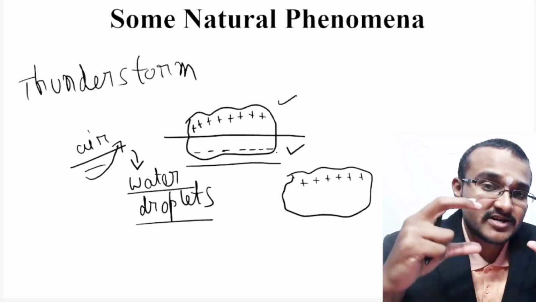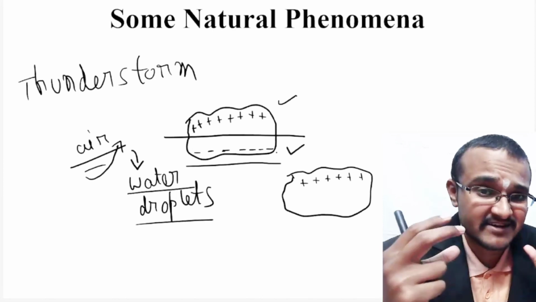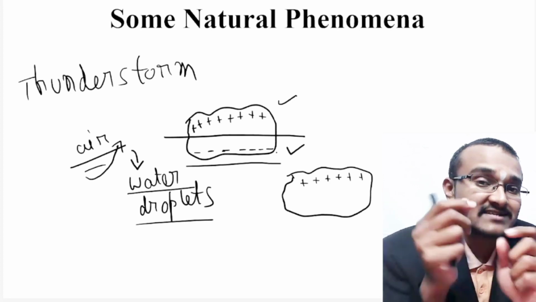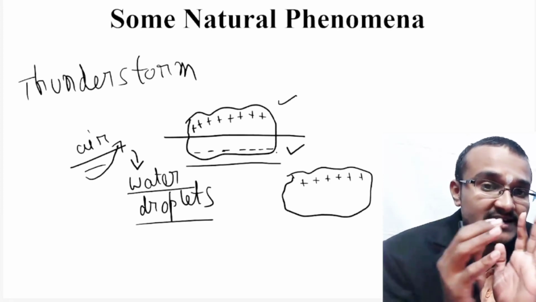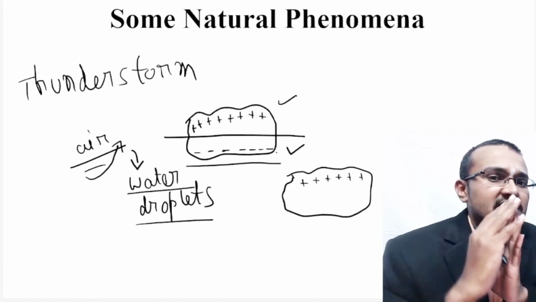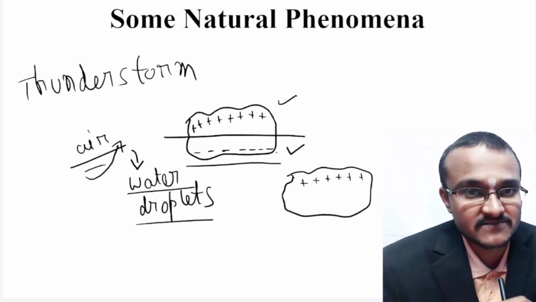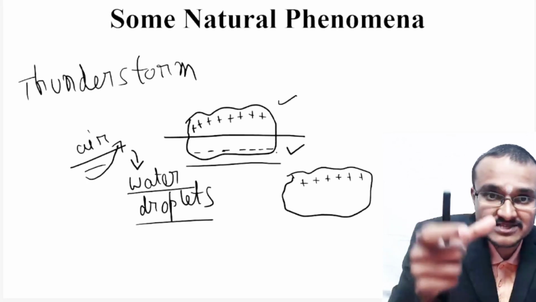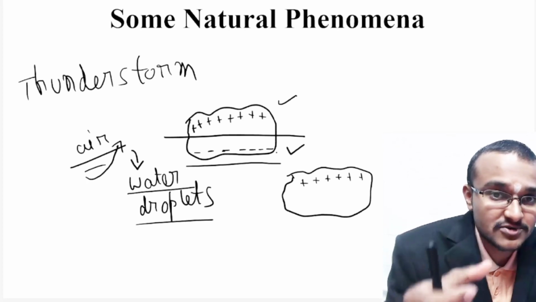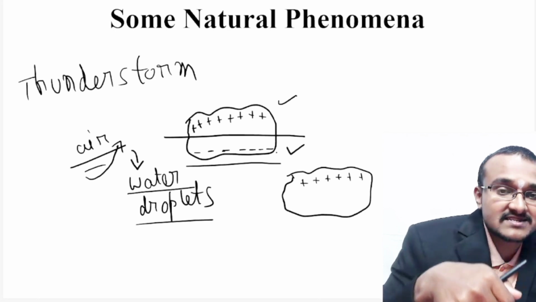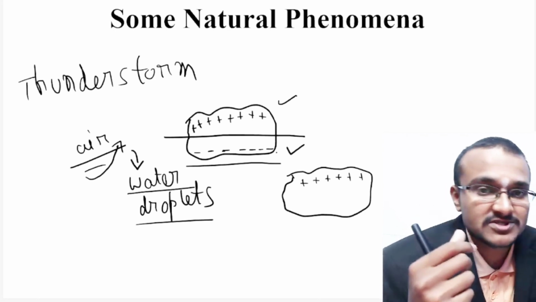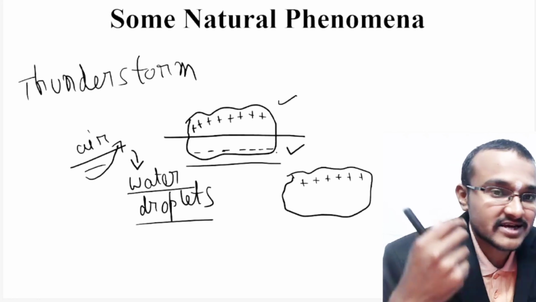These very heavy clouds come so close to each other that the electric charges interact and produce a larger electric discharge towards Earth's surface. That larger electric discharge of the charges accumulated on these clouds is actually observed as lightning, and the sound produced at that lightning is known as thunder.